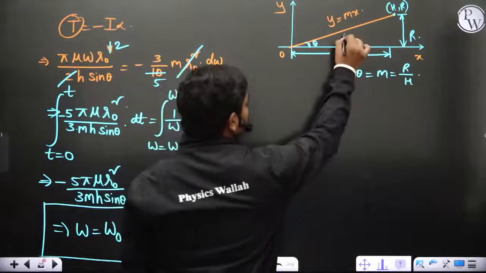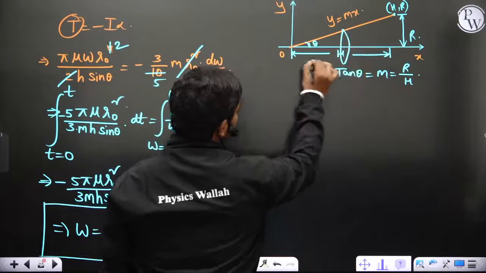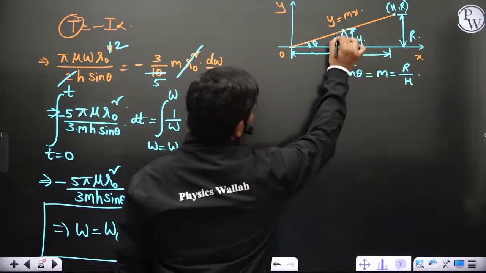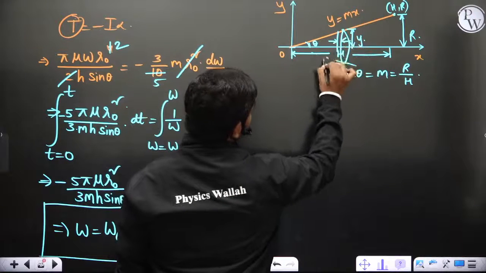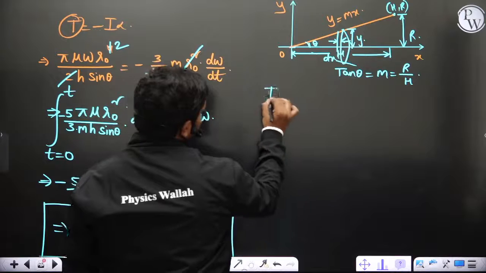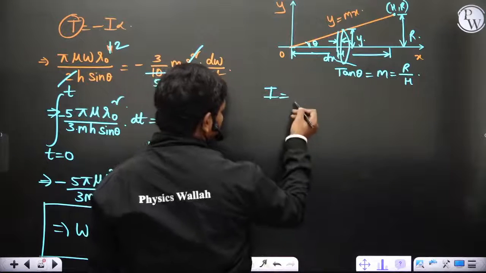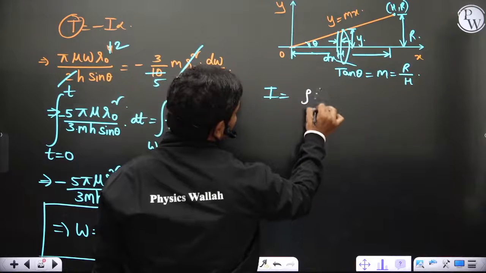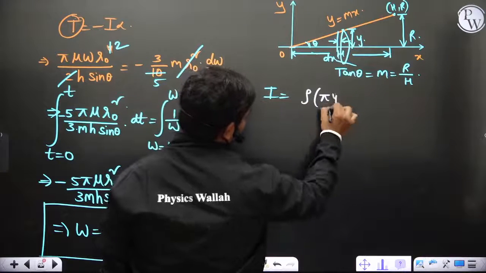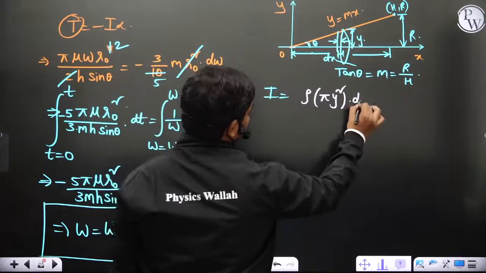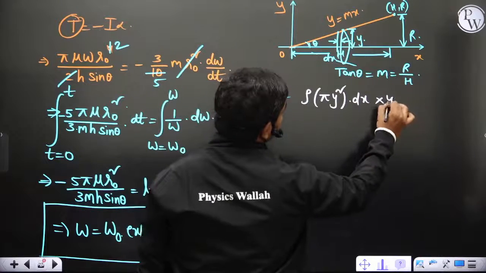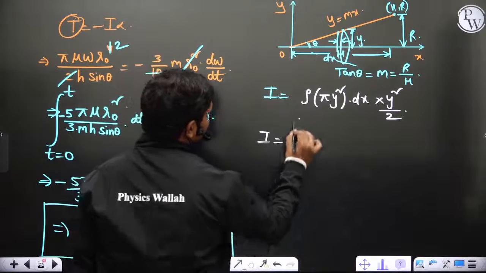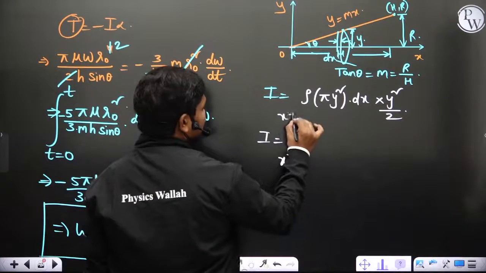Now if you take a small portion here, when you rotate, this is y, for example, and you take thickness dx, then the elemental moment of inertia is, for a small mass, rho into pi y square into dx, so this is the mass of the disc, into r square, which is y square by 2, obviously. Okay, so you can integrate this from x equal to 0 to x equal to h.